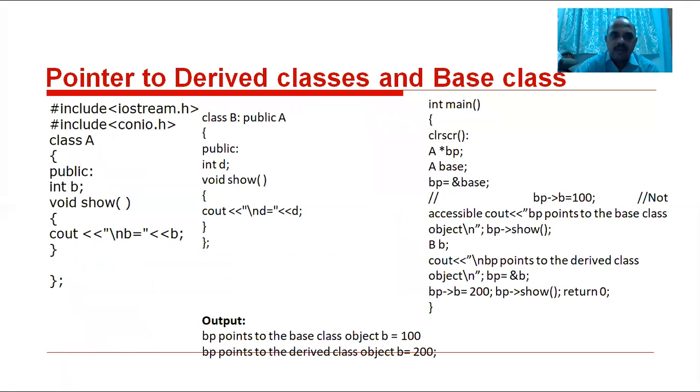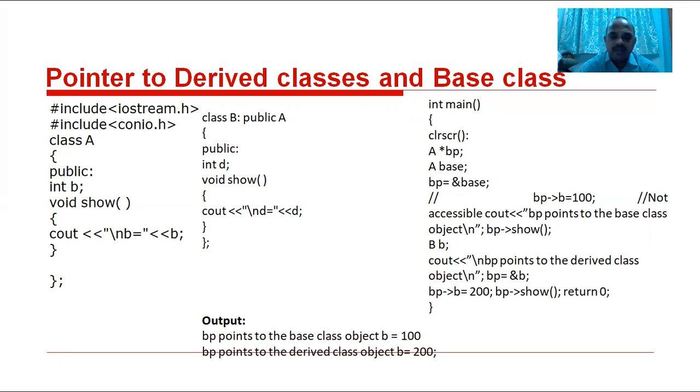This pointer. Next one is pointer to derived classes. All of you, how to define pointer variables in derived classes. We know it is also possible to declare a pointer that points to the base class as well as the derived class. Clear?